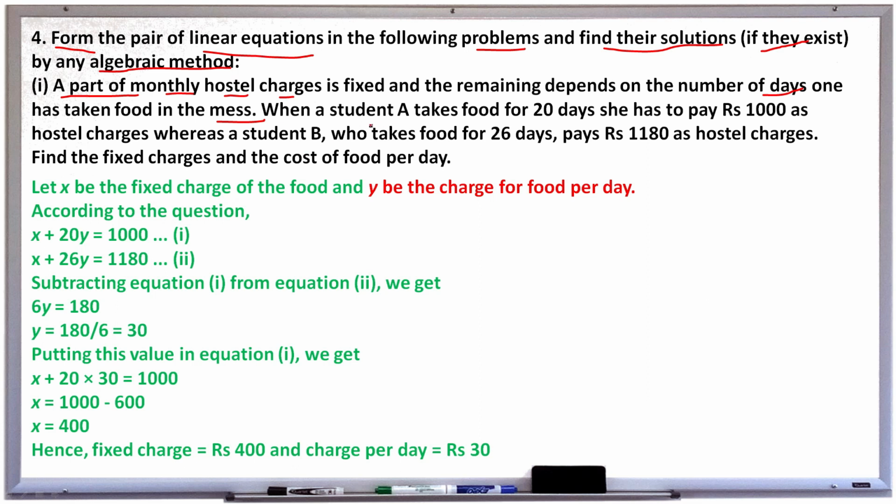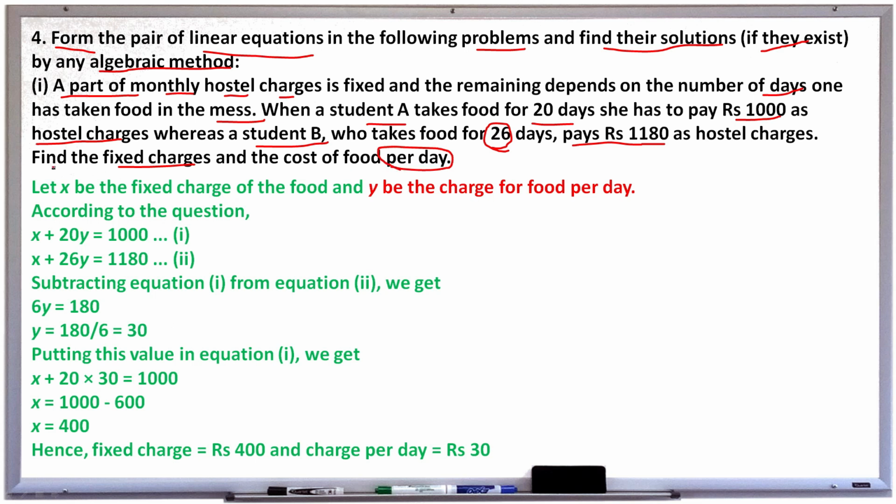When student A takes food for 20 days, he has to pay rupees 1000 as hostel charges, whereas student B, who takes food for 26 days, pays rupees 1180 as hostel charges. Find the fixed charges and the cost of food per day. We are going to find the cost of food per day.